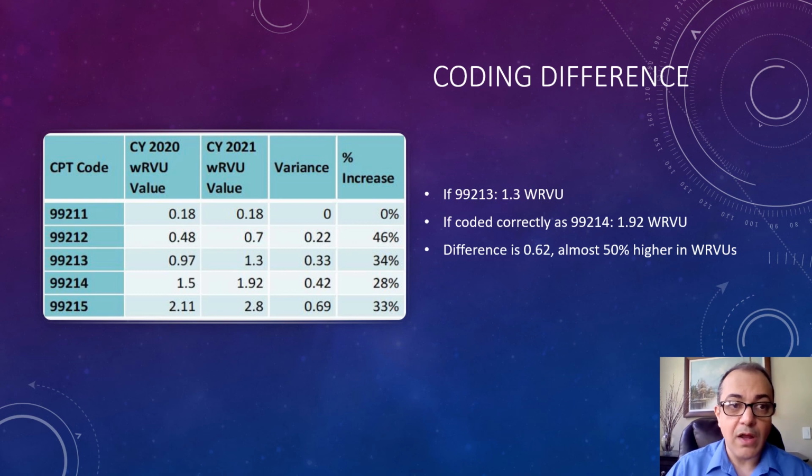Now, based on the old system, which didn't give you nearly as many RVUs for an E&M code, they did an analysis and found that if you just code one visit per day as level 4 instead of level 3, that overall gives you $10,000 more in reimbursement for RVUs in total per year.